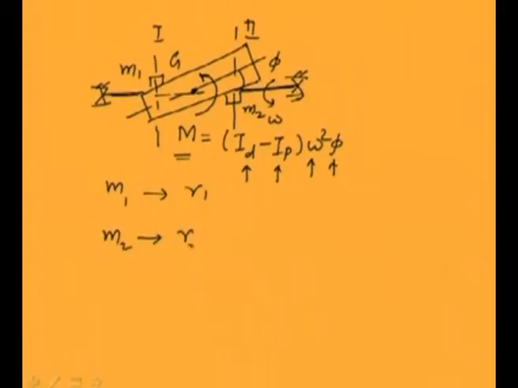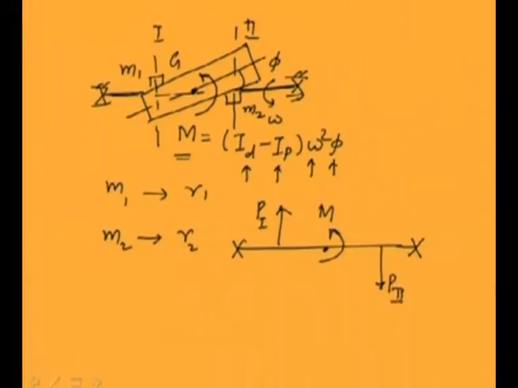These radial positions are these. So this particular system can again be represented like this. Let us say this is P1, this is P2, and their distances are L1 and L2.